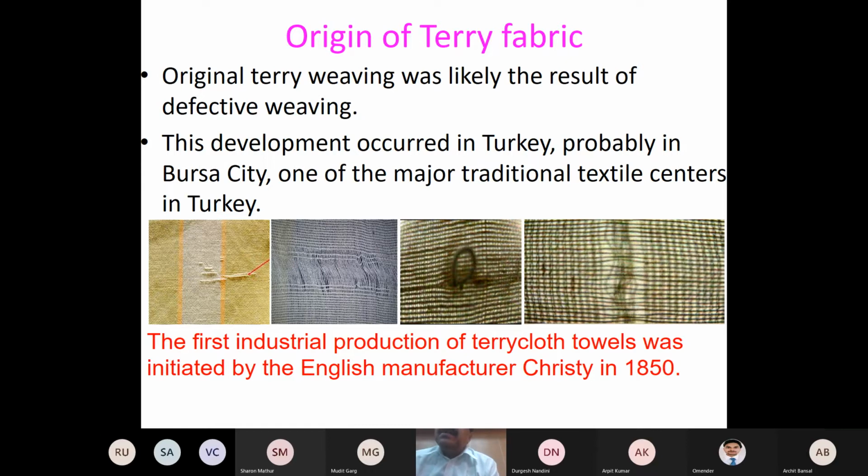And this kind of defective piece, when cut from the main cloth length, preferably used for wiping purposes. Wipers, पोछा लगाने के लिए, because their loose structure have very good absorbency.